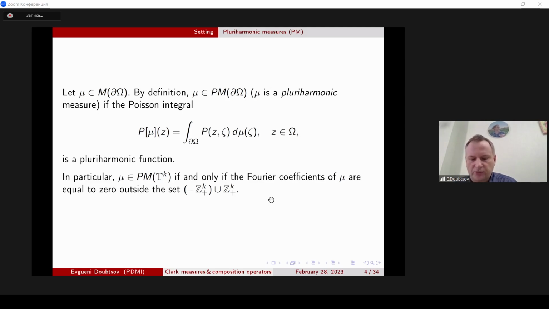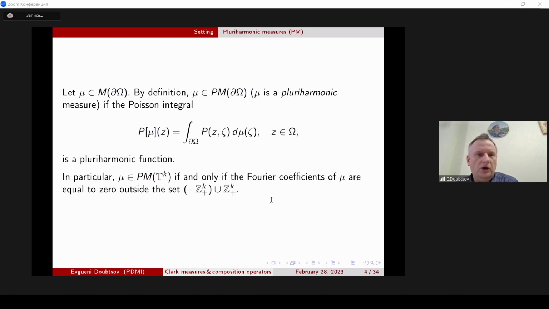Also, in terms of Fourier analysis, it is by now straightforward to write down the restriction and to describe those pluriharmonic measures. I'm not going to use this notion directly, but the main objects, Clark measures, will be of this type. So I believe that I should explain that these measures in several variables are somewhat more specific than the usual Clark measures on the unit circle.